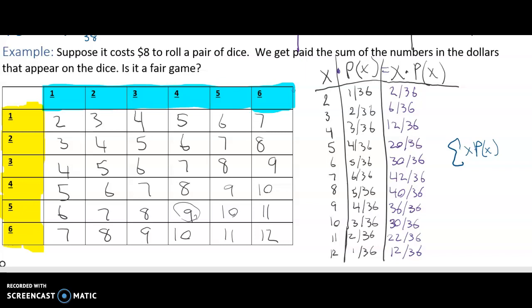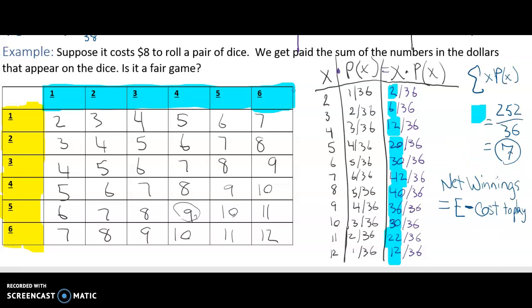So what you can do is add up all of the numerators and then simply divide that sum by 36 to get your expected value. You'll come up with 252 divided by 36, and that's equal to 7.